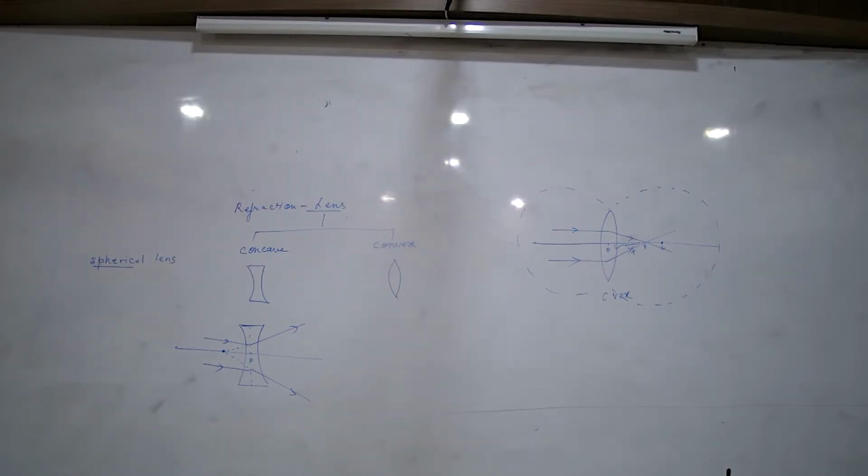You must have seen watchmakers using a small magnifying glass. Have you seen? They put one small thing near the eye. When you go to the market next time, see what they put. Because the parts of the watch are very minute, obviously they need to have a magnifying glass.